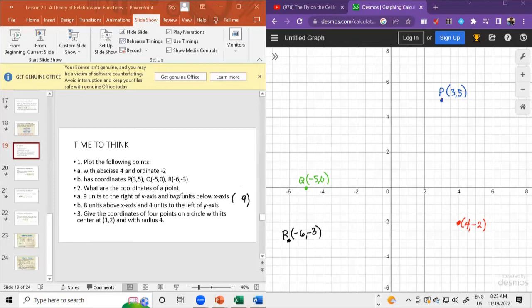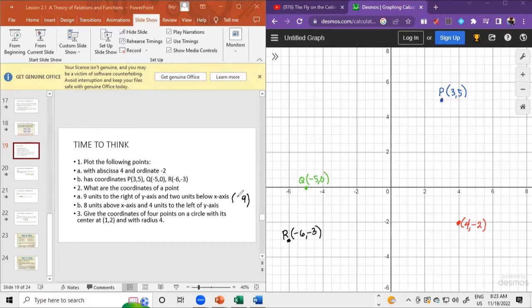Then, 2 units below x-axis. Ito daw ay 9 units to the right of y.